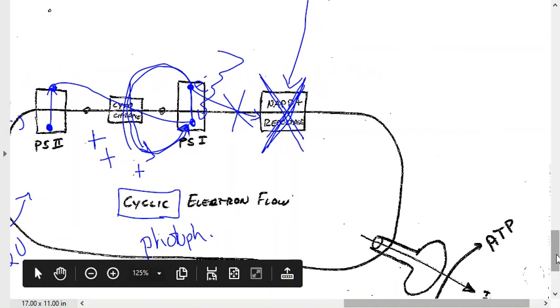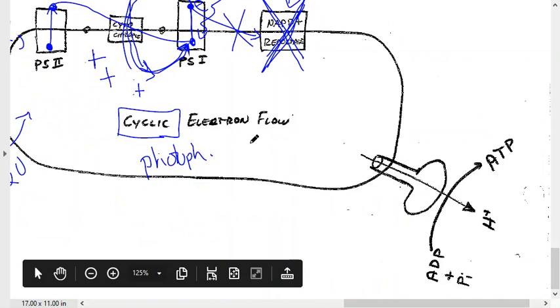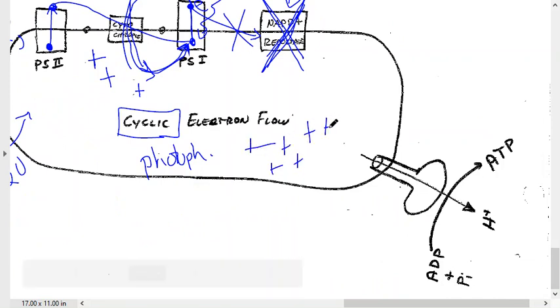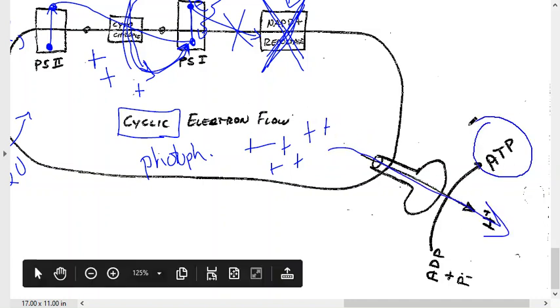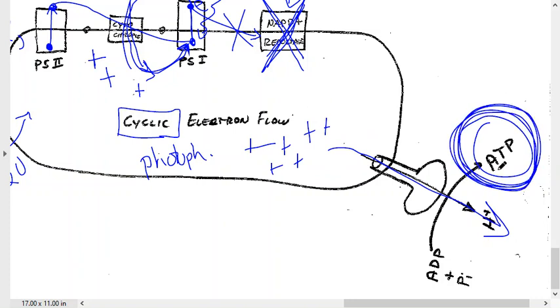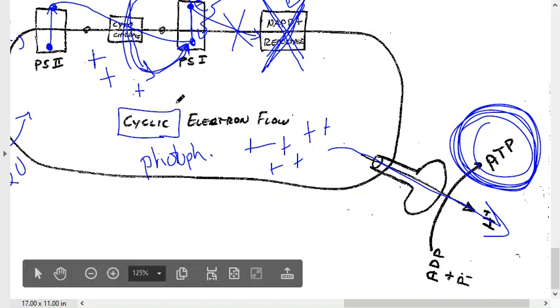And again, you need cyclic electron flow because pumping those protons into the thylakoid space provides the protons that diffuse through ATP synthase. And that's how you generate more ATP than NADPH. You switch to cyclic electron flow.